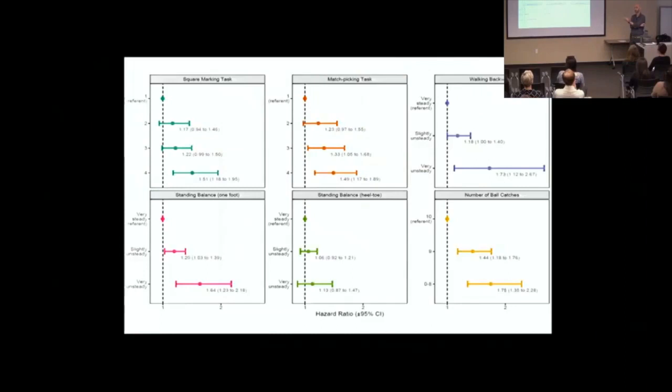There's an element of cognition in all of this, and we excluded those. Because something like a square marking task has an element of reaction time and information processing, which is related to cognition, for those kinds of tasks we control for cognition testing, which is very good in this particular cohort, and the effects typically held. They were diminished, but they held.